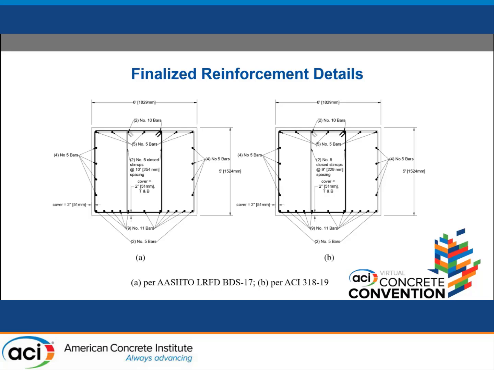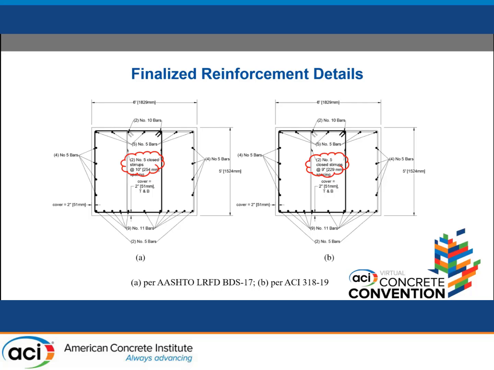We showed all the information of the longitudinal reinforcement as well as the transverse reinforcement. We compared the two designs, and we found that the only difference, if we use the same size for the transverse reinforcement, is that ACI is a little bit more conservative, because ACI requires a 9-inch spacing, while AASHTO requires only a 10-inch spacing.